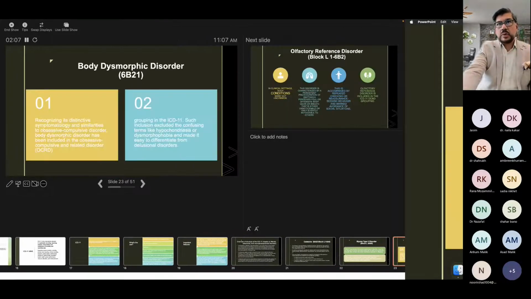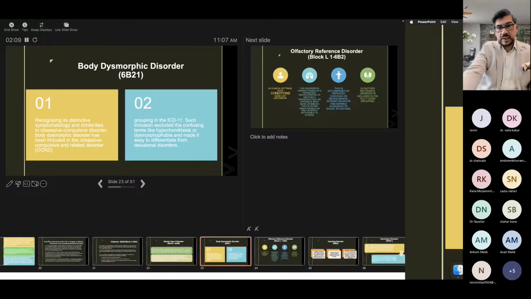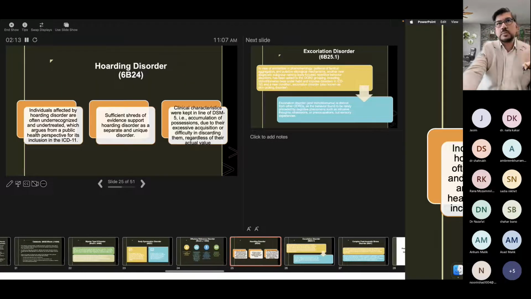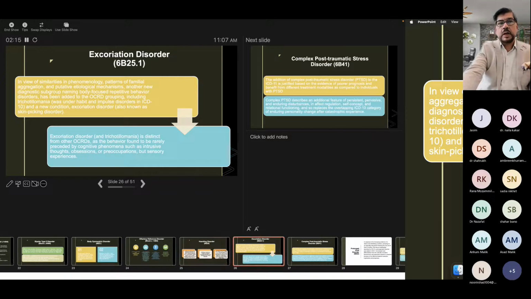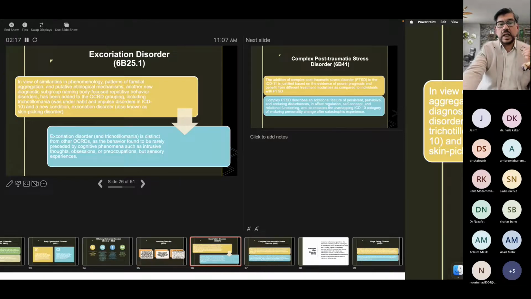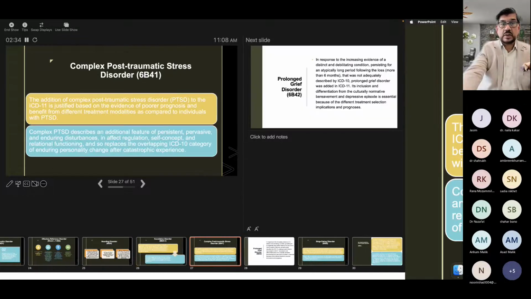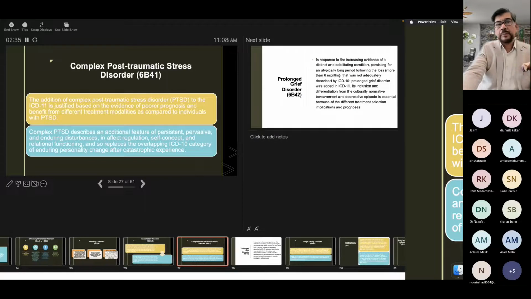Then we talked about some changes that are suggested in ICD-11 in various disorders. Most important of them, the sexual disorders and identity disorders have been clustered in a separate heading. Then OCD and OCPD, previously called that, are now grouped as obsessive compulsive related disorders, OCRDs.